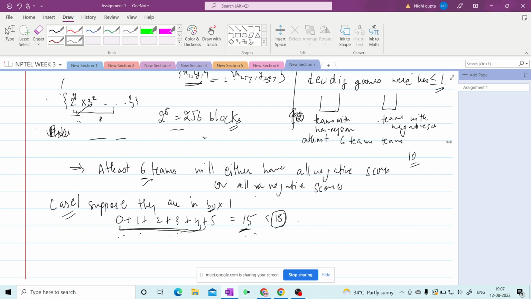Now if these are the 2 boxes, by the pigeonhole principle, at least 6 teams will go in one of these boxes. Why are we keeping these 2 boxes only? Because the possibilities may be others also. No? But these are the exhaustive options, right? Negative and non-negative, these are the exhaustive options.